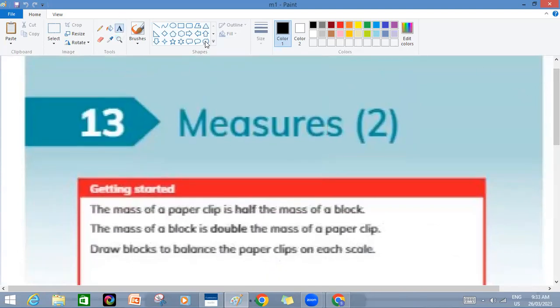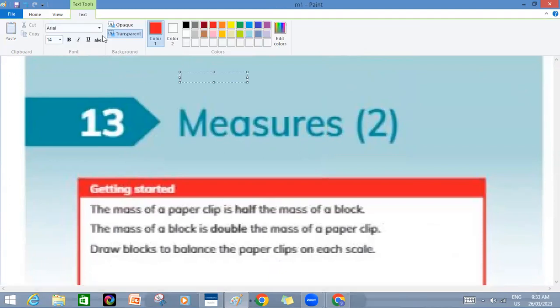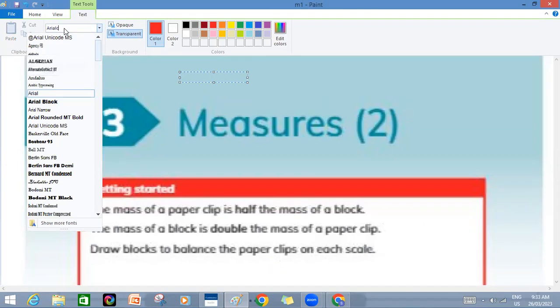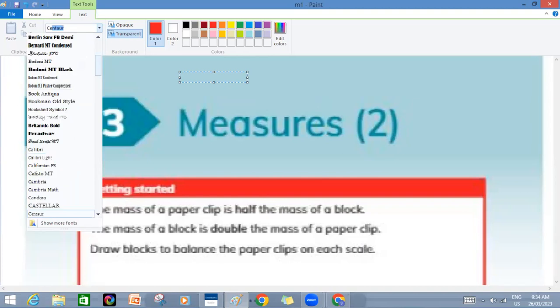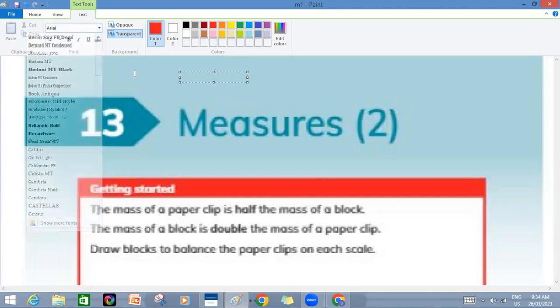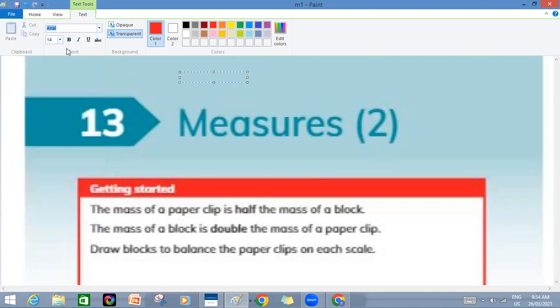First of all, on the top of the page, we are going to write date and day. So write with me, boys. Okay, write your day with me.